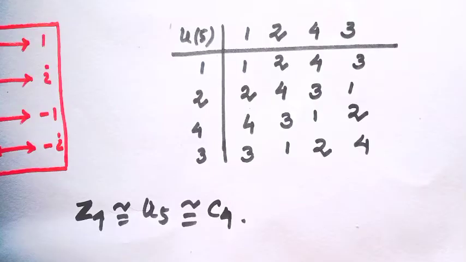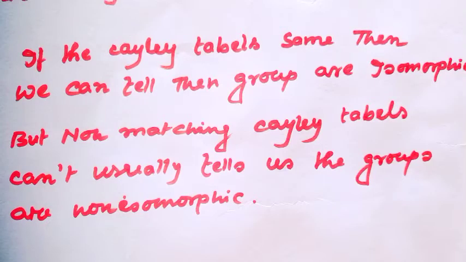We can tell Z4 is isomorphic to U5. Similarly, U5 is also isomorphic to C4. If the Cayley tables are the same, then we can always tell the groups are isomorphic.